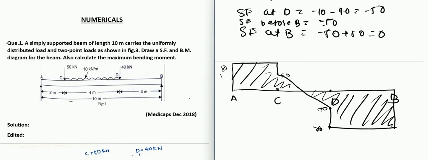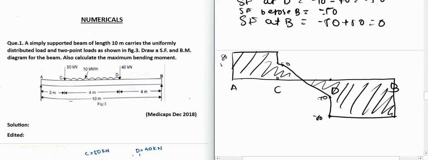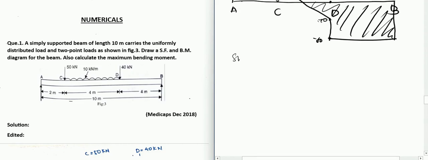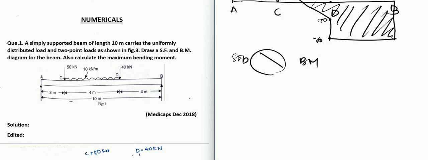Now you could have noticed that there is a linear variation between C and D because of the UDL. Whenever there is a UDL, the shear force diagram will be an inclined line, and the bending moment diagram will be a parabola.